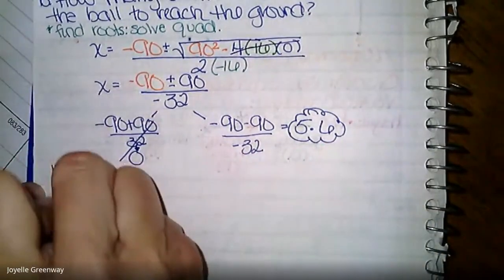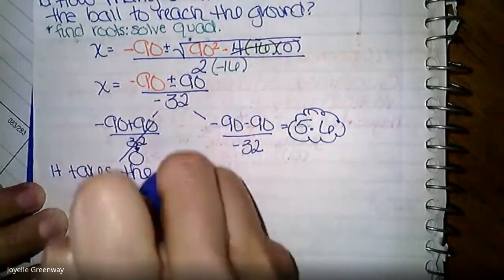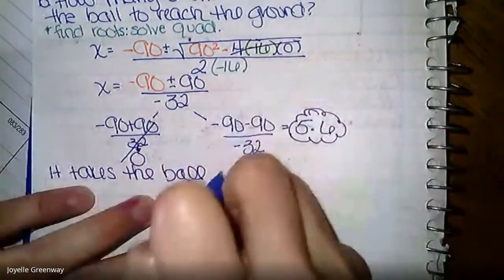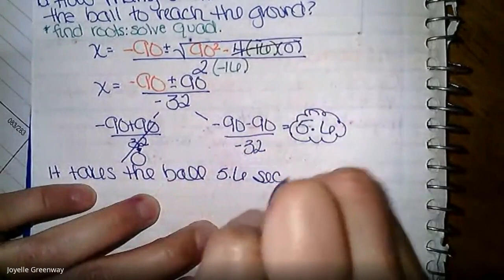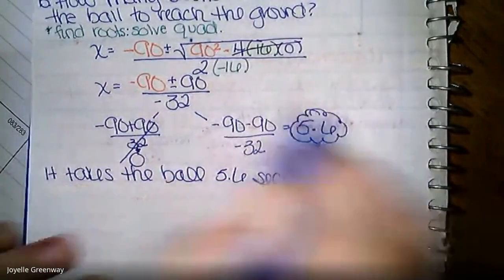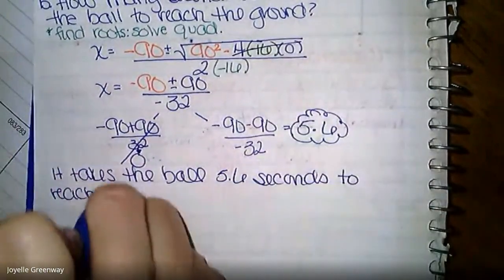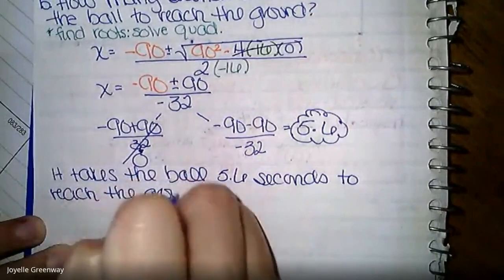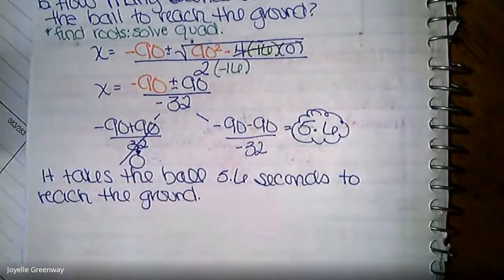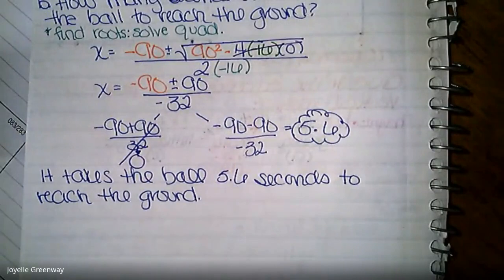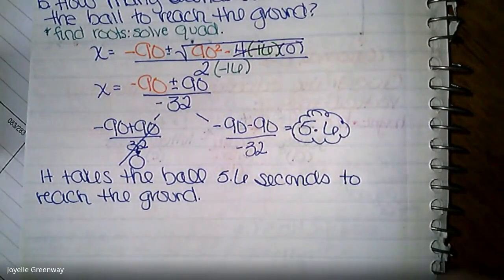It takes the ball about 5.6 seconds to reach the ground. Okay, hopefully that made sense. All right, let's look at one more example.